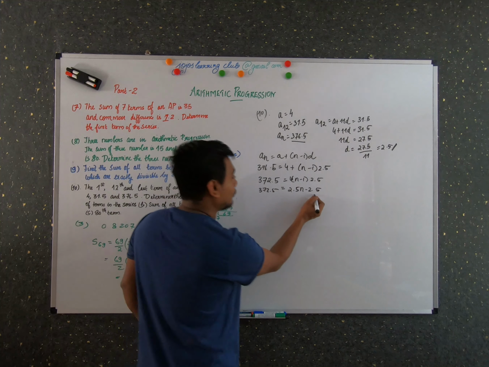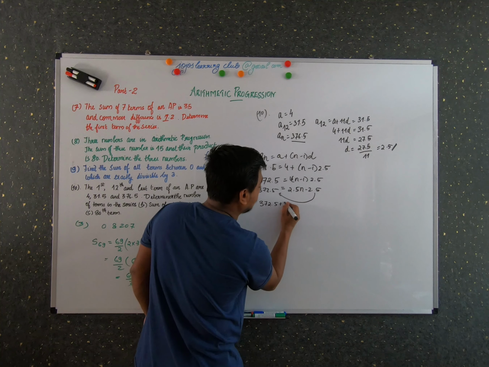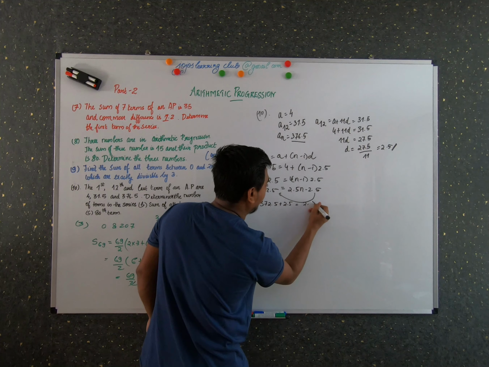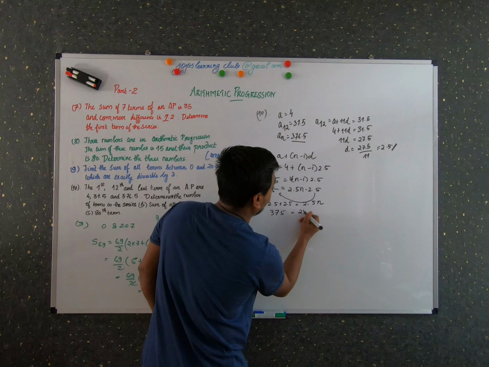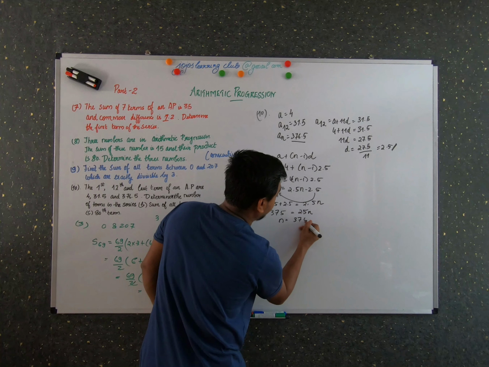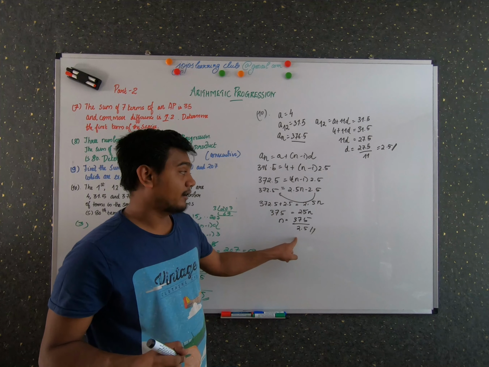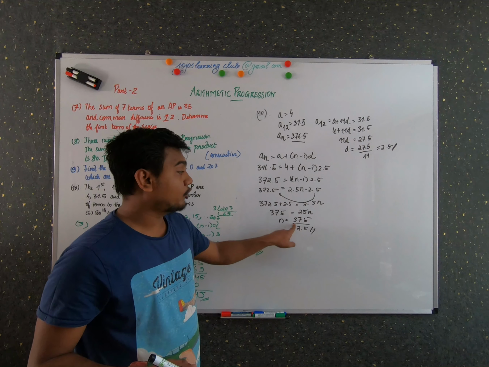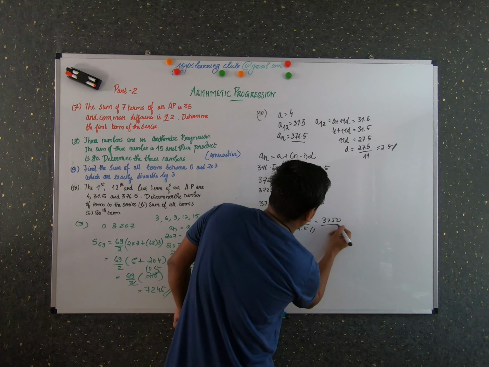Okay, so you just take this to this side, it becomes positive 2.5 plus 372.5, that is 375 is equal to 2.5n. So what is the value of n? 375 by 2.5. I hope it's clear. So 375 by 2.5 is like 3750 by 25.